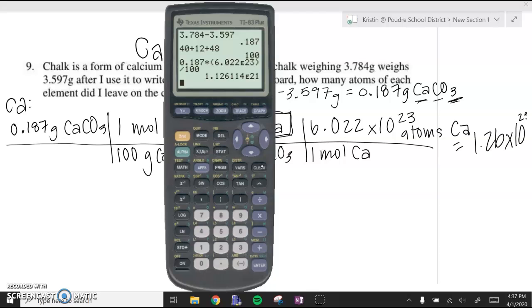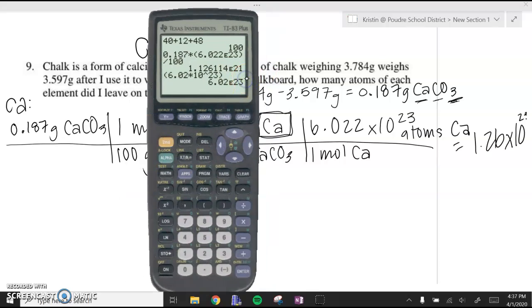If you typed in 6.02 times 10, and then raised it to the 23rd, that would be totally fine too, okay? They're the same thing. See, it spits out the same.